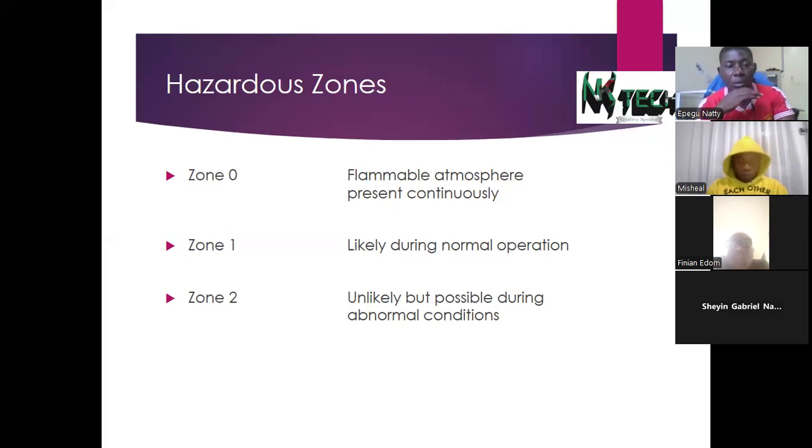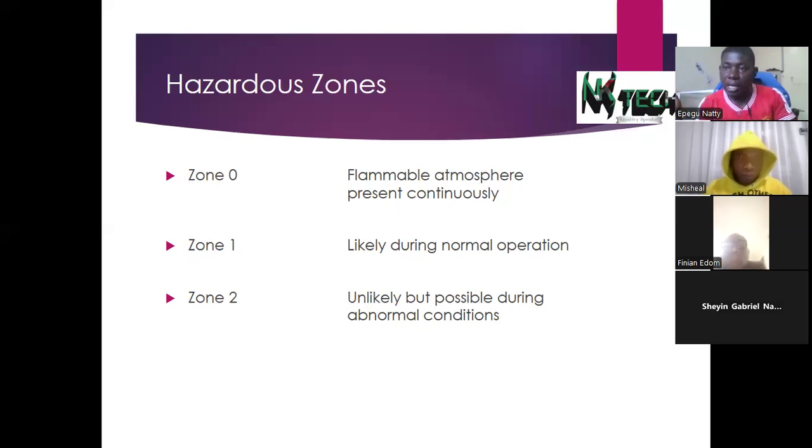Okay. Then your zone 1. Your zone 1 is something that is likely during normal operation, like I explained earlier on. So let's say your pump. Your pump is taking in fluid and then sending it out during operation. It's normal, everything is normal, but since it's working, there is a likelihood of a leak at the flanges or at the seal of the pump.